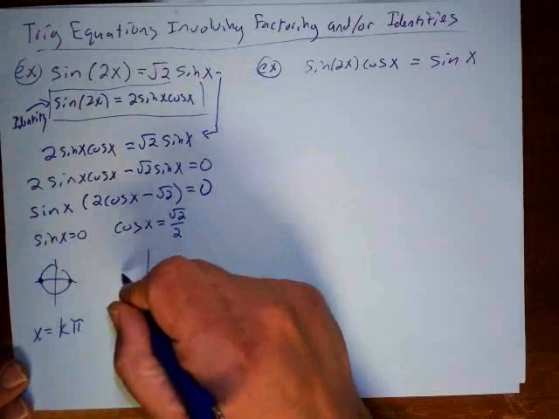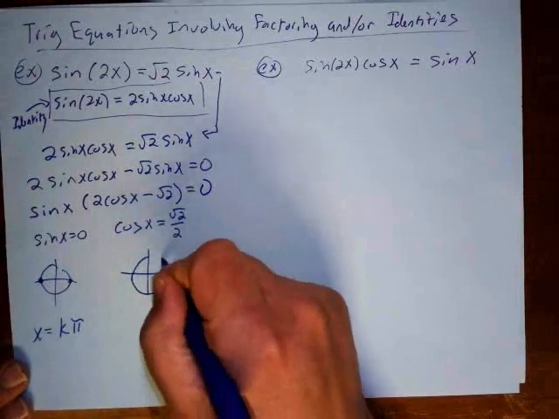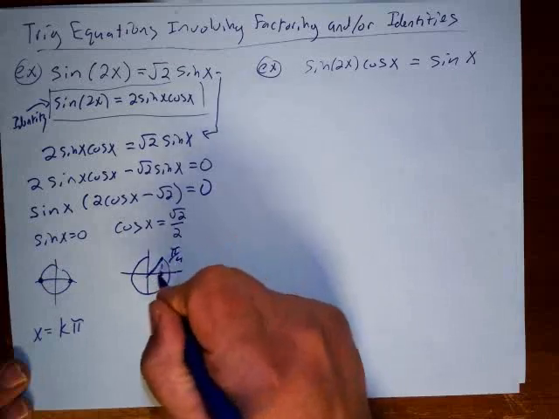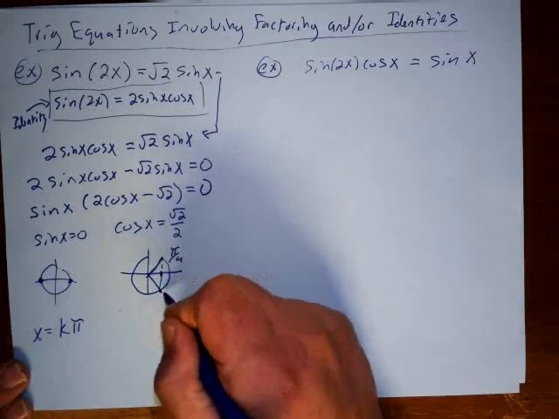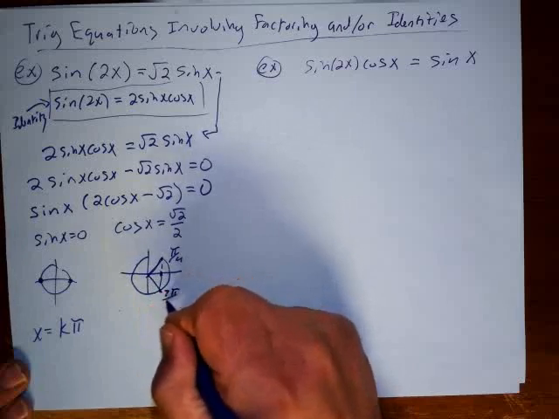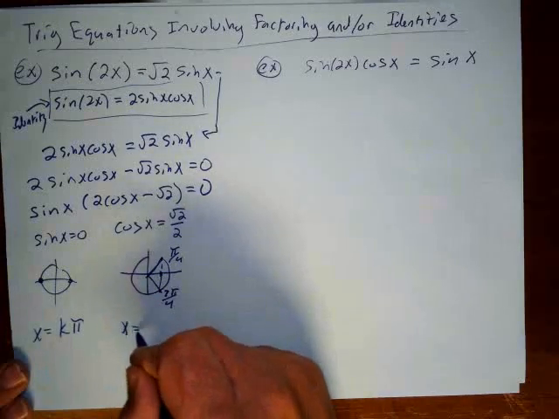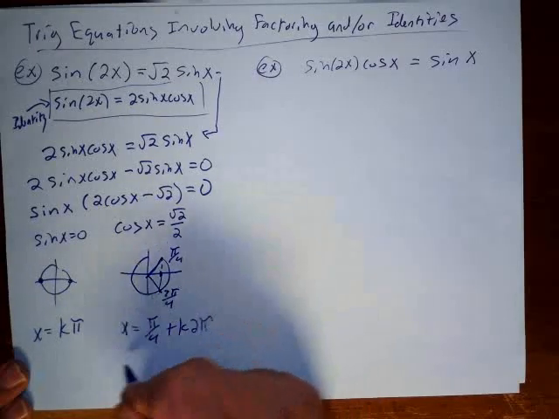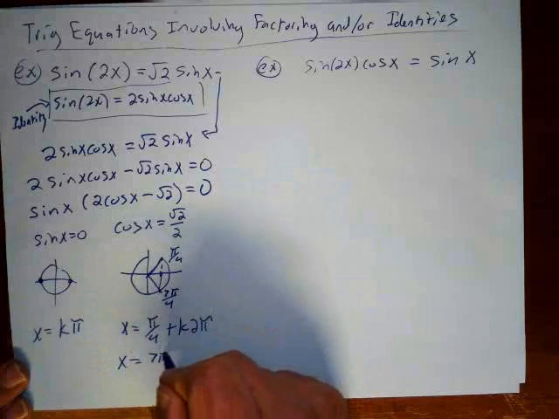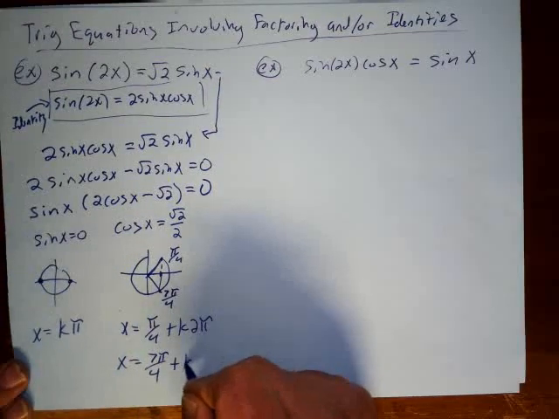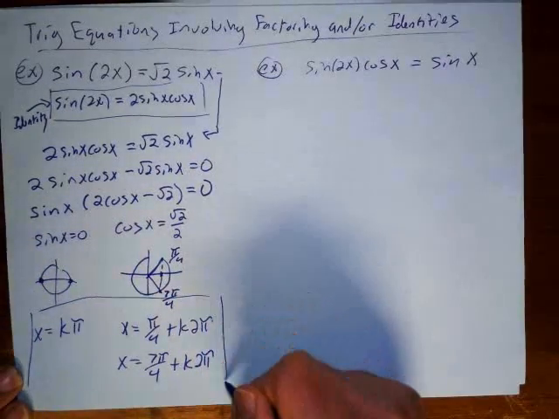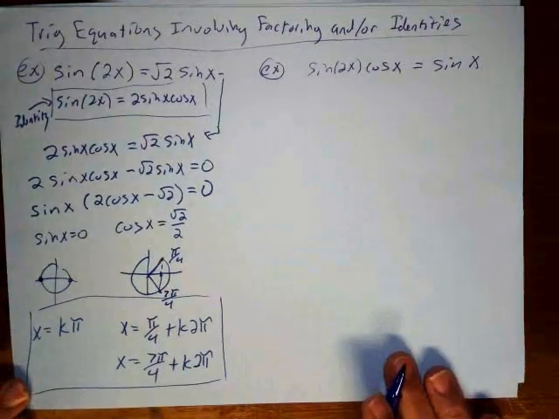And this one, square root of 2 over 2, is this pi over 4 angle, and the other one occurs down here, which is 7 pi over 4. So I get x is equal to pi over 4 plus k times 2 pi, and x is equal to 7 pi over 4 plus k times 2 pi. And then these would be the solutions to the equation, okay?